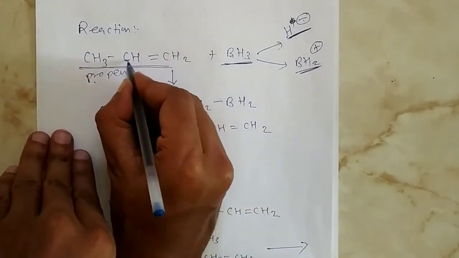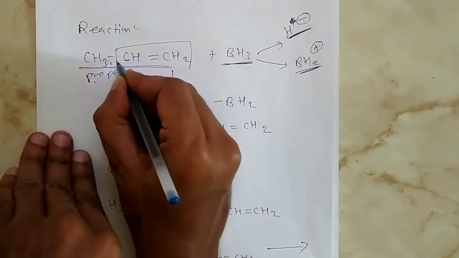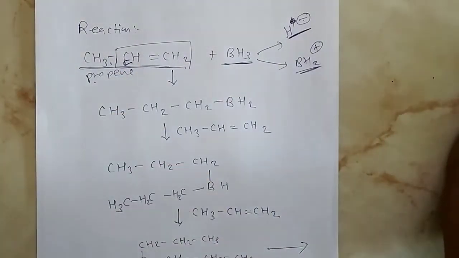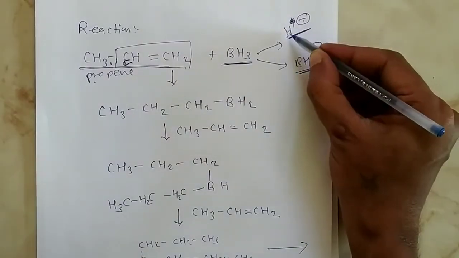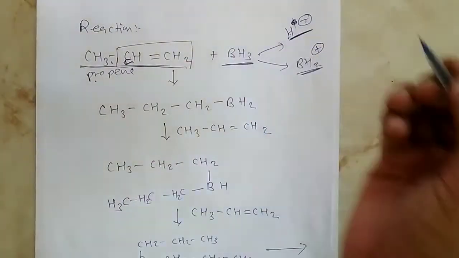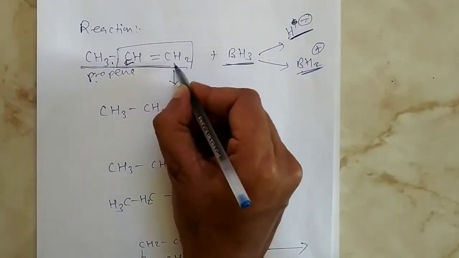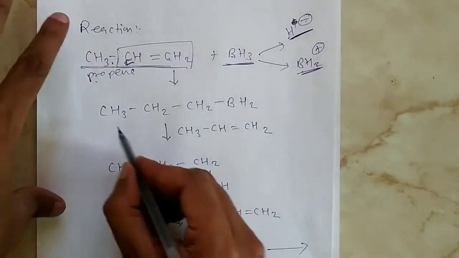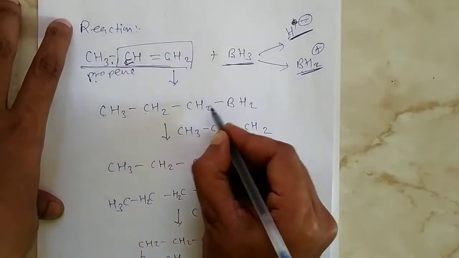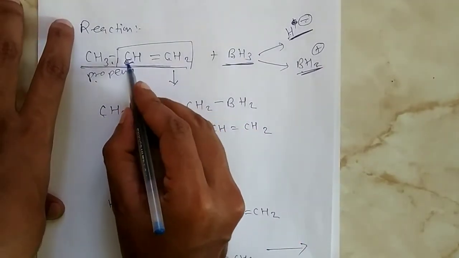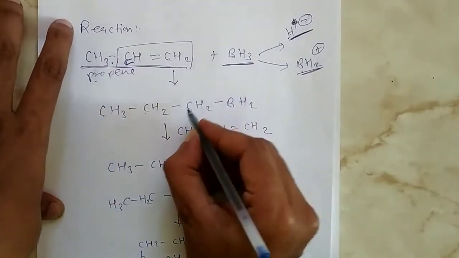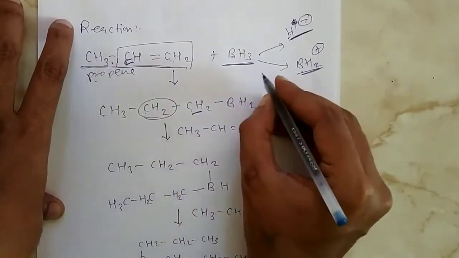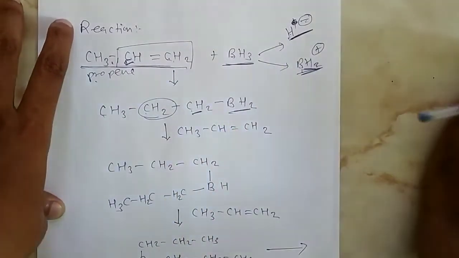Now you have to observe these 2 carbons. This second carbon has less hydrogen, so H minus ion will add on this carbon, and this BH2 will add on this terminal carbon. So our product will be CH3 CH2 CH2 BH2.